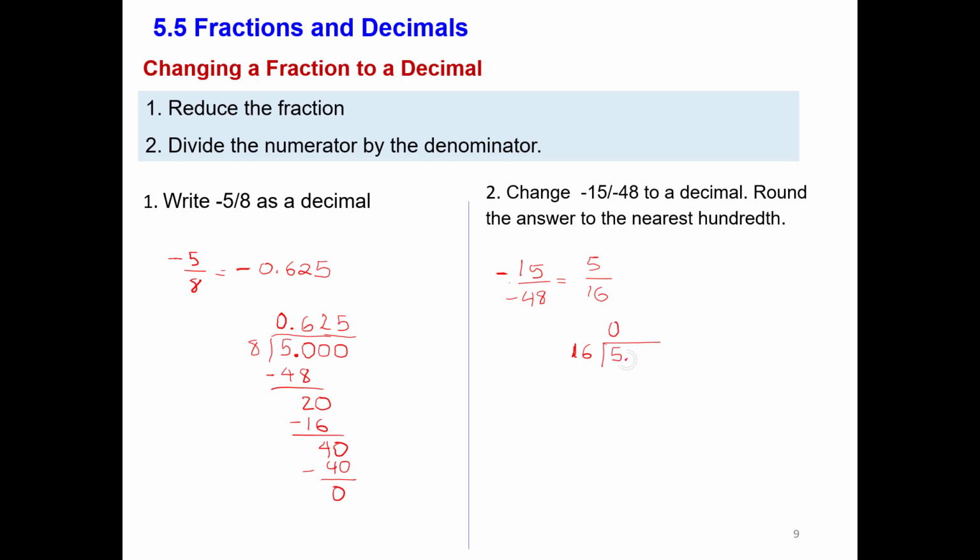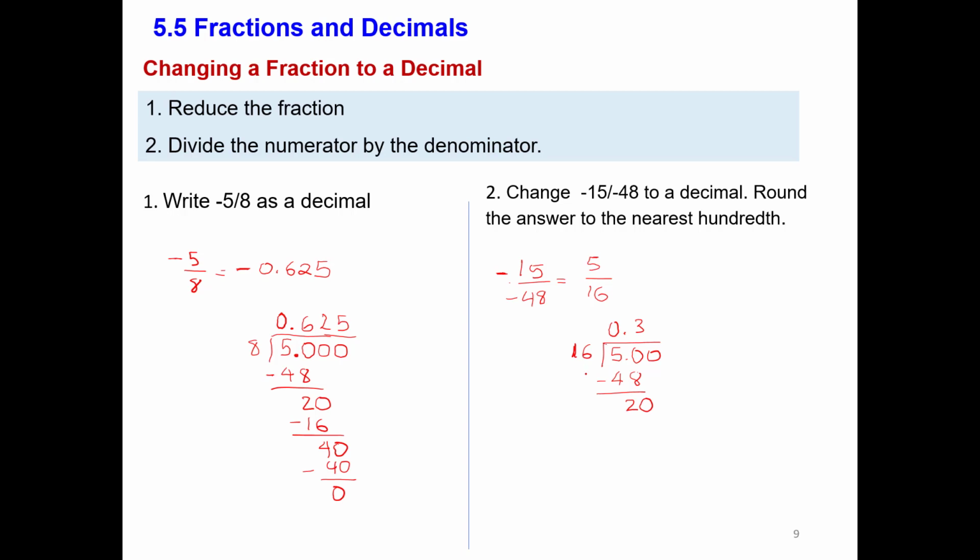Then we need to add zeros, and we know the decimal point is right here. Then we add zeros, and we place the decimal point also in the quotient. Then how many 16s in 50? Now we divide as if they were whole numbers. It's 3 times 16 is 48, minus 48, 2. We add a 0 here.